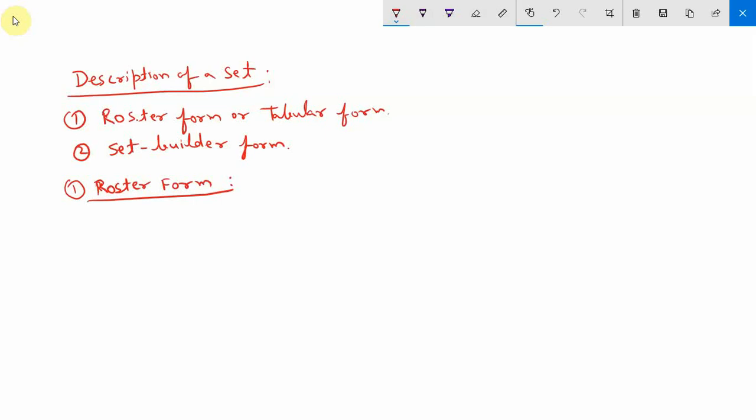In this form, a set is described by listing elements separated by commas within braces. Okay.